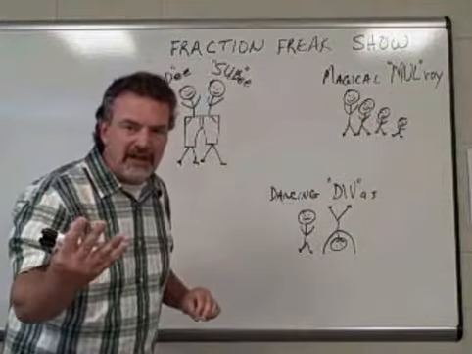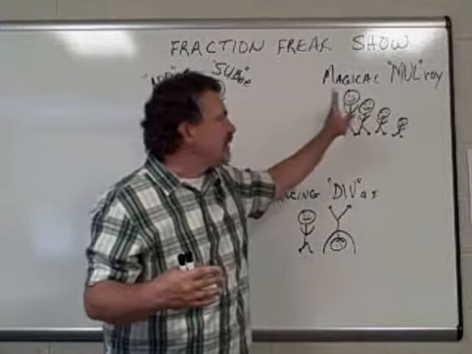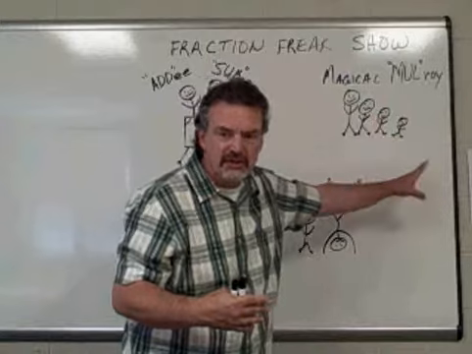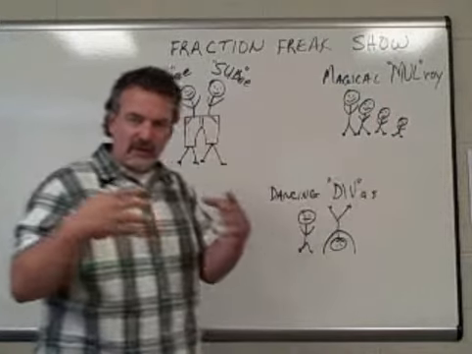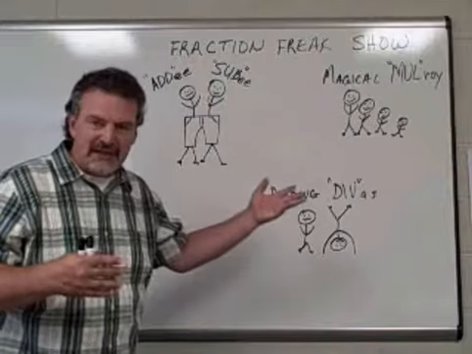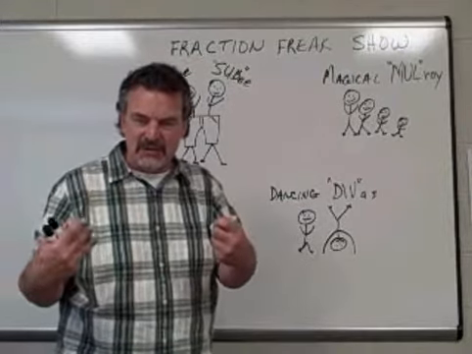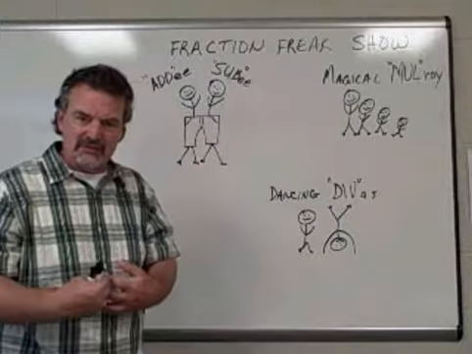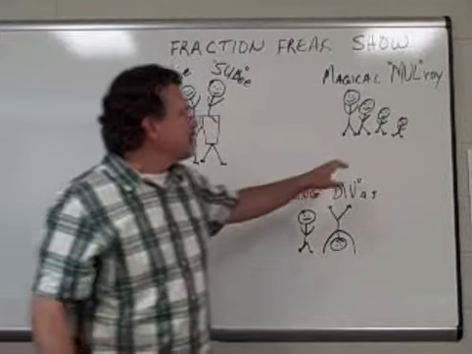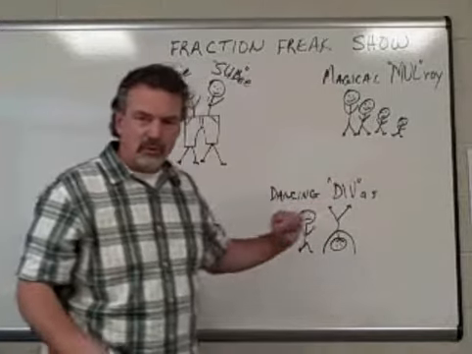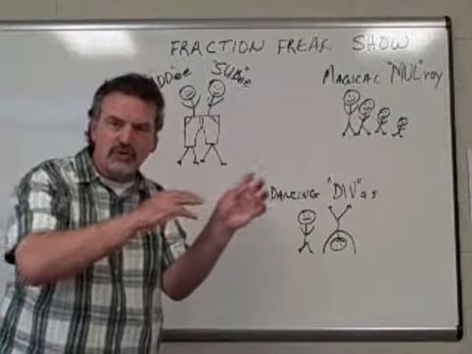Whenever you multiply fractions, the first thing you try to do is try to reduce them, try to shrink them. With our process that we look for a common factor that can be divided out of one of the numerators with one of the denominators of our fractions. So when you think of multiplying fractions, think of magical Mulroy, and you're going to reduce, you're going to shrink those fractions first.